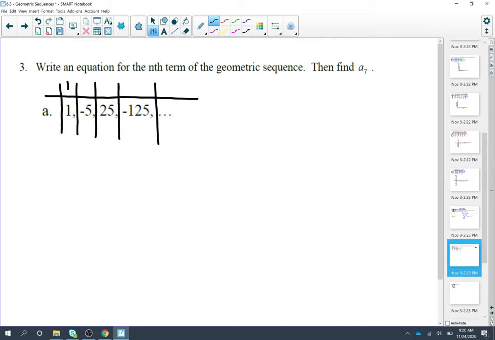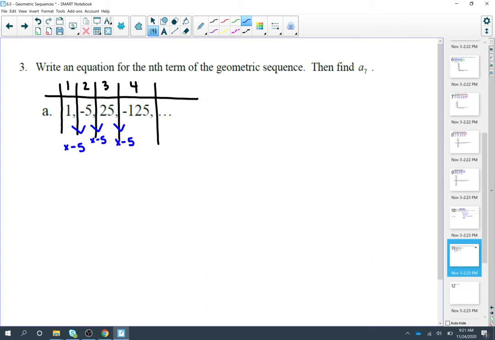This is 1, this is 2, this is 3, this is 4. And then we have to find our pattern or our common ratio. So if I want to get 1 to negative 5, I would multiply by negative 5. If I want to get 5 to positive 25, I would multiply by negative 5. If I want to get 25 to negative 125, I would multiply by negative 5.